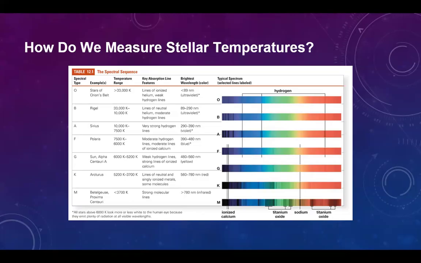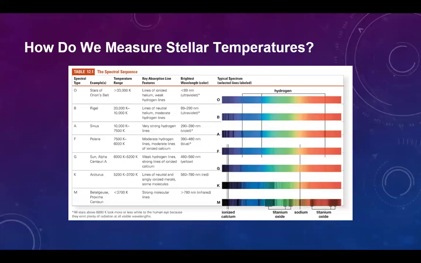And so we can measure the absorption spectra, see which lines or which ionization lines appear and their relative strengths, and put them into categories. So this is how we get these spectral types, O, B, A, F, G, K, and M.